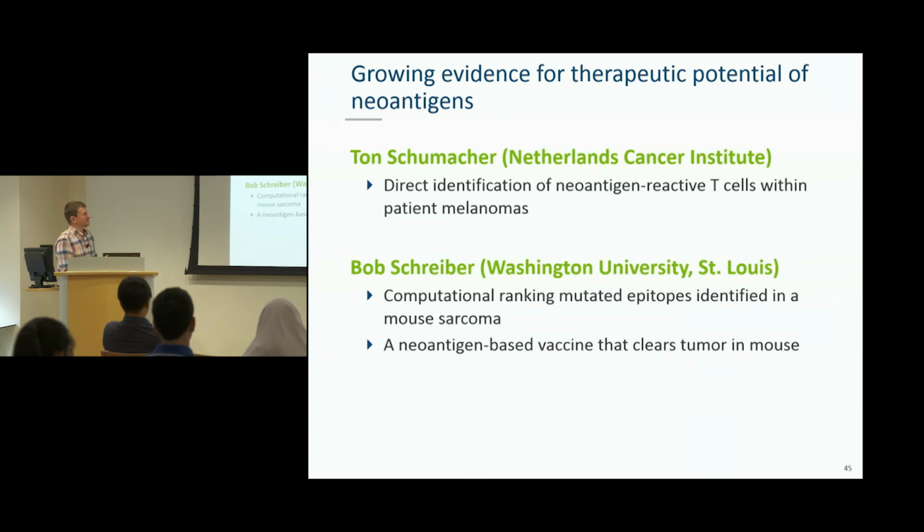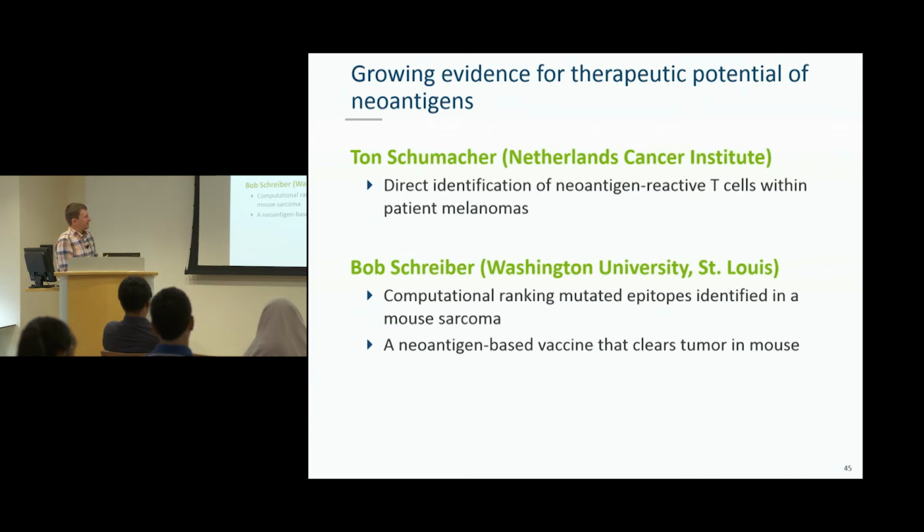So backing this up a little bit more has been work from Ton Schumacher, who is over at the Netherlands Cancer Institute. He was able to take patient melanomas and directly extract the T cells and find T cells that he could very clearly demonstrate are responding to mutated peptides in that patient's tumor.